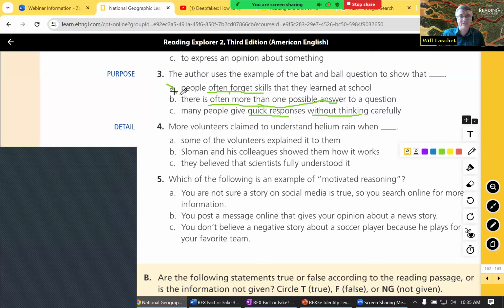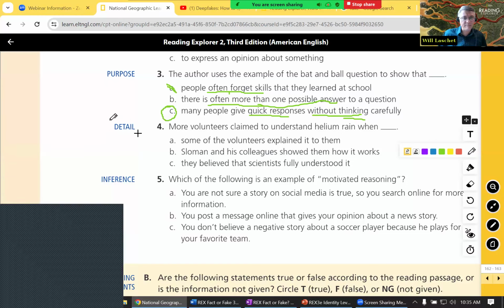So that one is definitely incorrect. The point of the article is to show that we do not think carefully, and that is why we believe things. It's this lack of critical thinking. So although it is linked to the bat and ball question, it's not the main point.